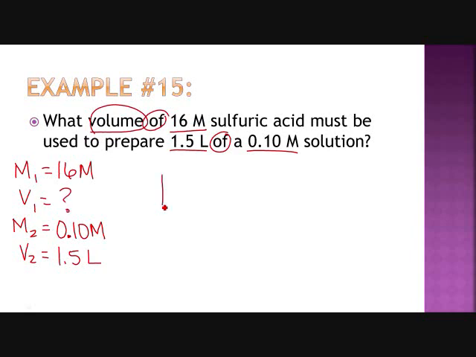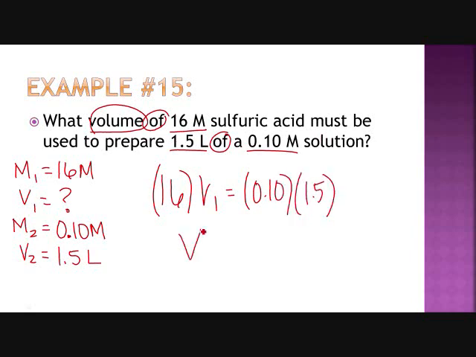So then we have 16 times V1 equals 0.10 times 1.5. A little bit of math magic. What do you get? 0.0094.